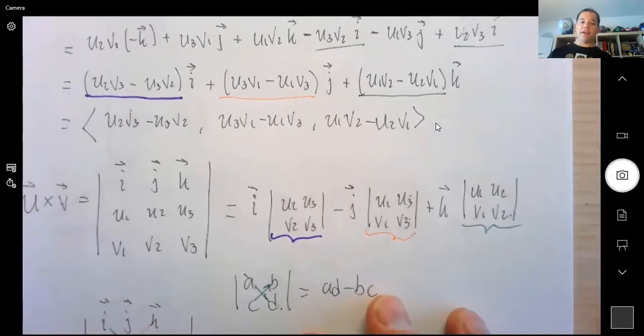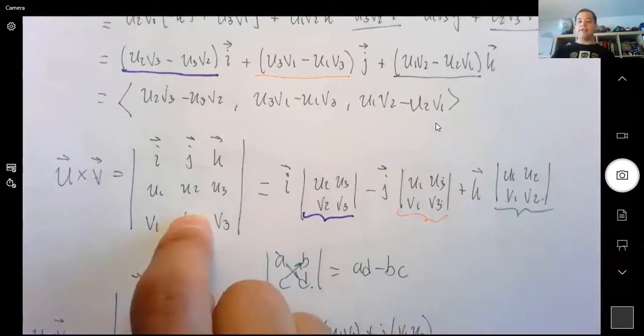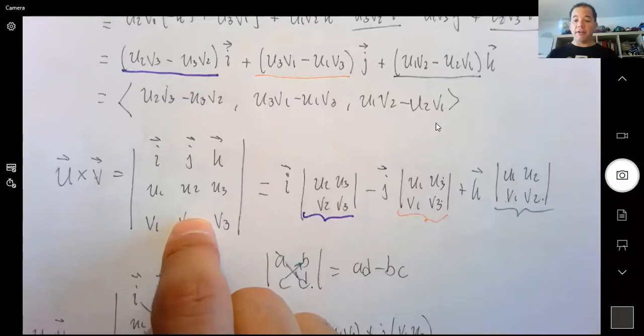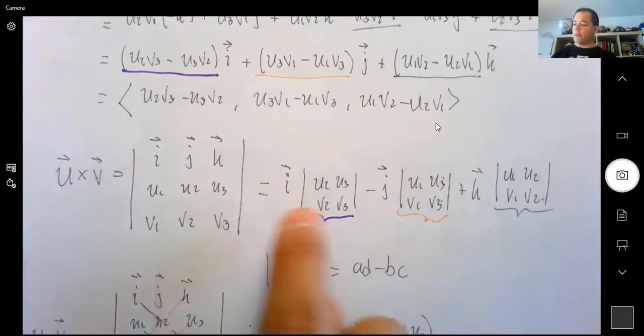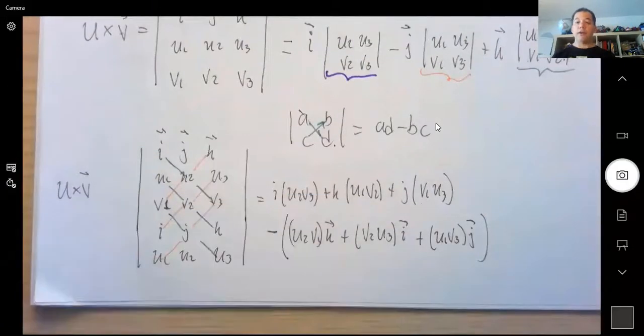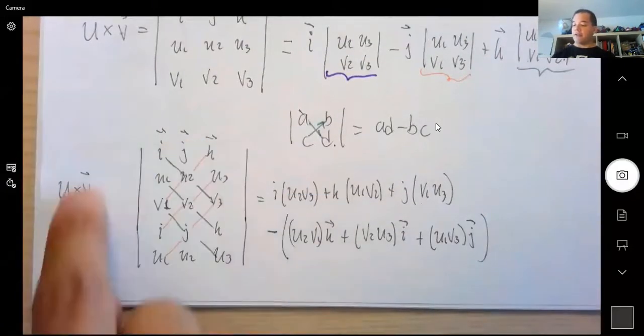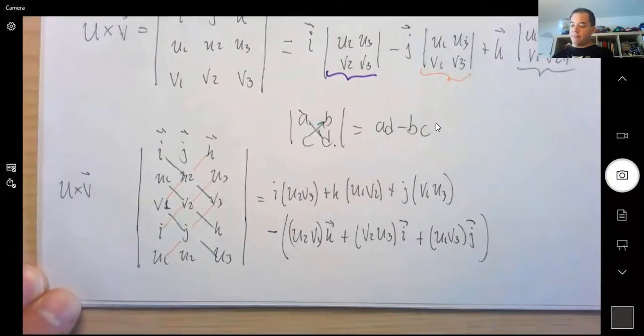I even told you of an alternative way of doing a 3 by 3 determinant. By the way, if you ever take linear algebra, you will see that you can do even bigger determinants, like 4 by 4, 5 by 5, as big as 1,000 by 1,000. It's possible, right? And this way of doing it works in general, whereas this one only works for 3 by 3s. So this is an alternative way of figuring out the cross product of u and v.